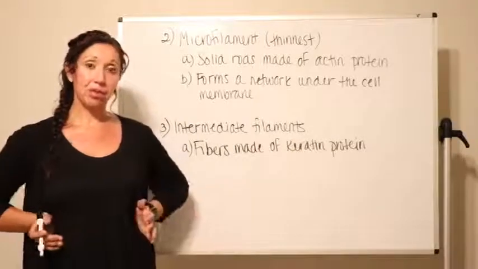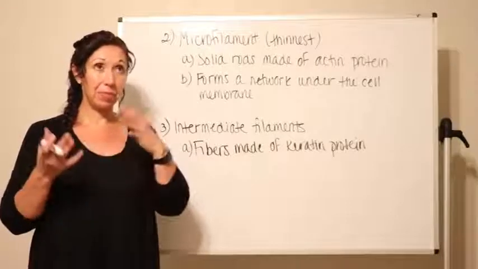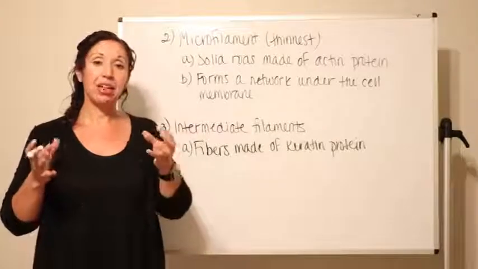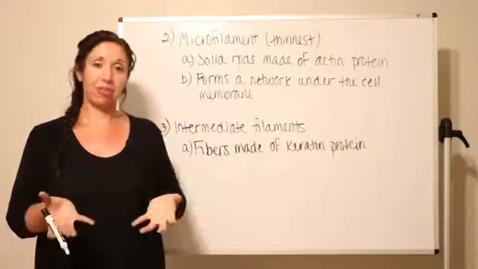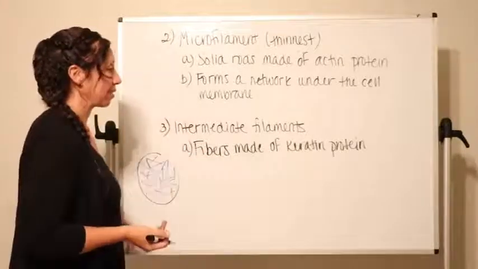It's kind of like your ribs are keeping your lungs and your heart exactly where they need to be. Your skull is keeping your brain in there. Your bones do have that anchoring function to your organs. Same thing with keratin.